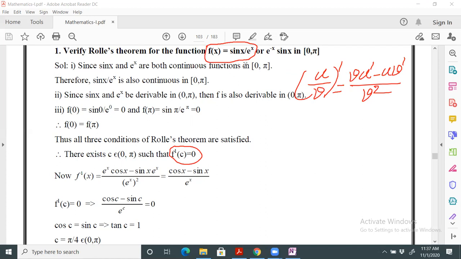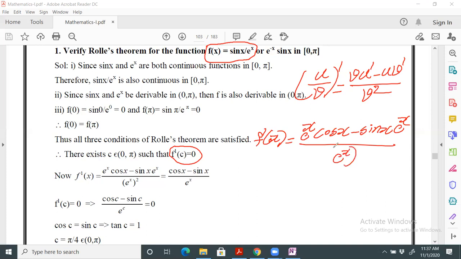So v u dash minus u v dash, where v is e power x. So f dash of x is equal to v, the denominator e power x, into the differentiation of u, sin x, which is cos x, minus u, sin x, into the differentiation of v, e power x, by v square, e power x whole square.